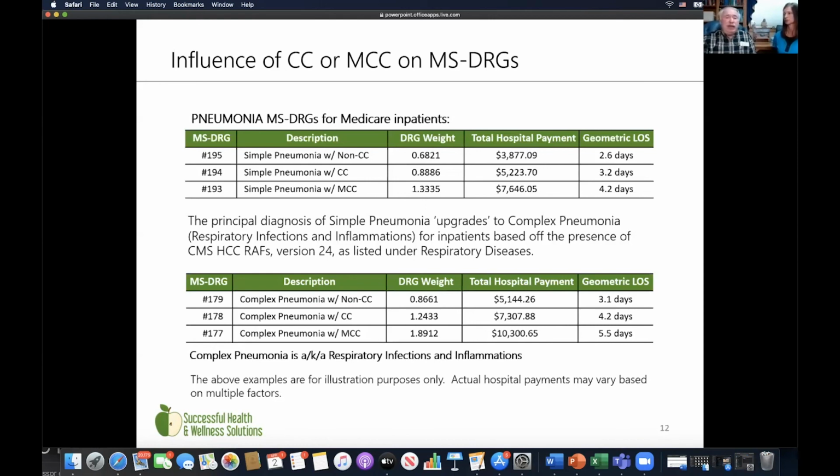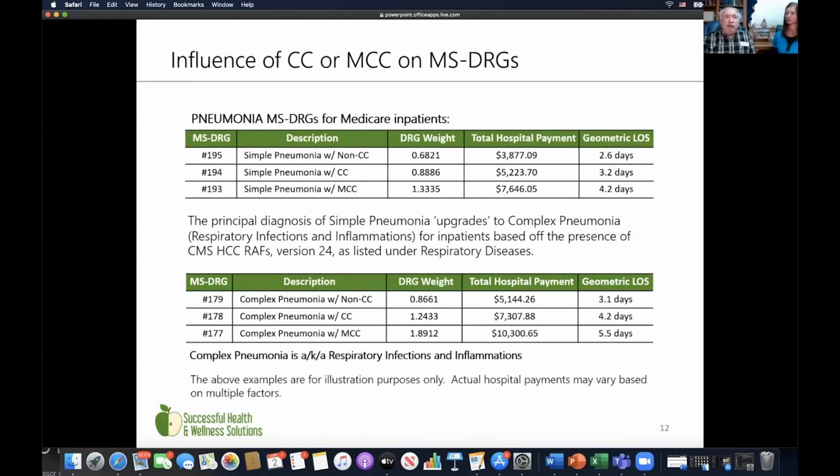So the COVID-19 patient in the hospital that develops ARDS would group to DRG 193. Currently, it would not even escalate to a level of a more complex pneumonia, which would be DRG 179, 178, or 177.